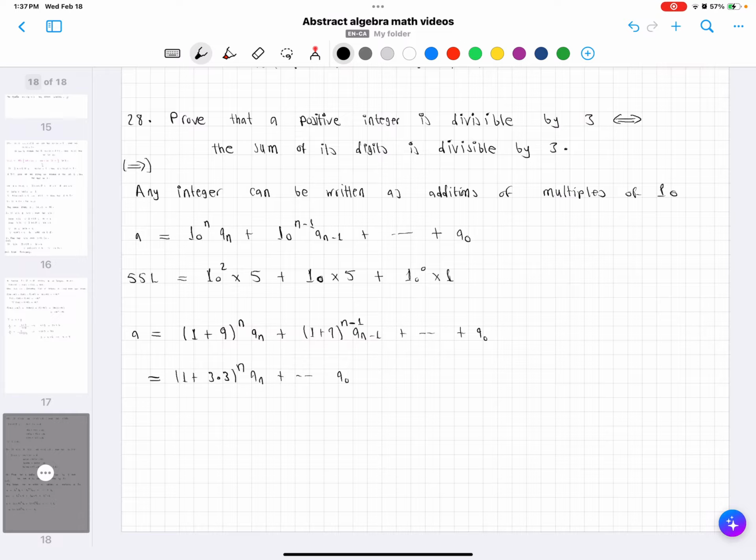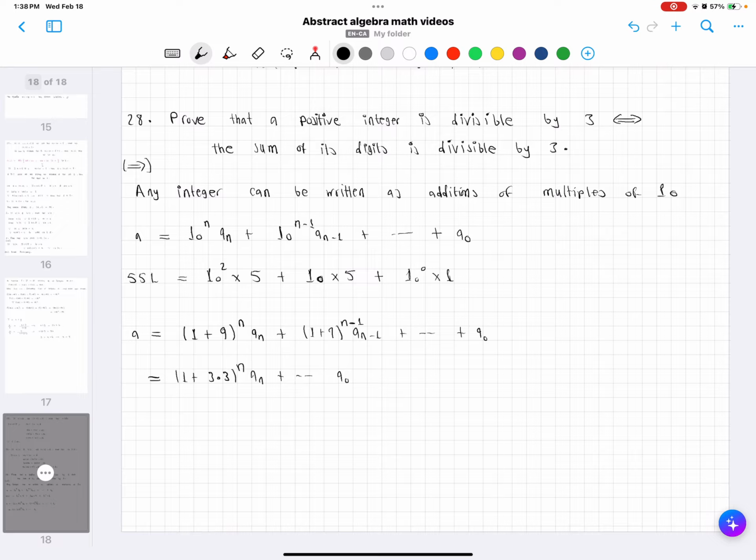So we can use the binomial formula. But instead of using the binomial formula, let's reason our way about it. So here you have 1 plus 3 to the power of 3, not 3 to the power of 2, which is a multiple of 3.